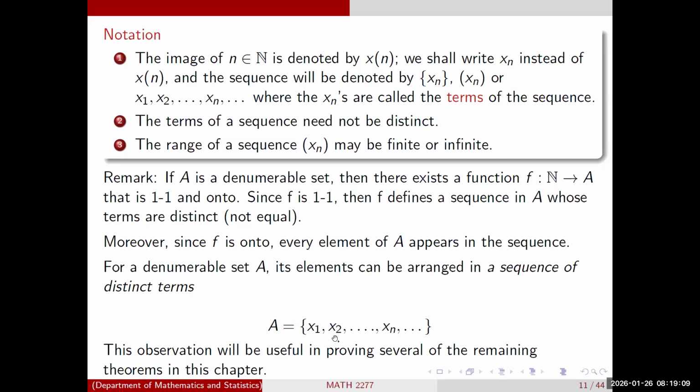Okay. And what is so special about this list? Two things. If A is a denumerable set, it means its elements can be listed or arranged in a distinct sequence. So each one of these x's is different. There are no repeats. And every element of A appears somewhere on this list.